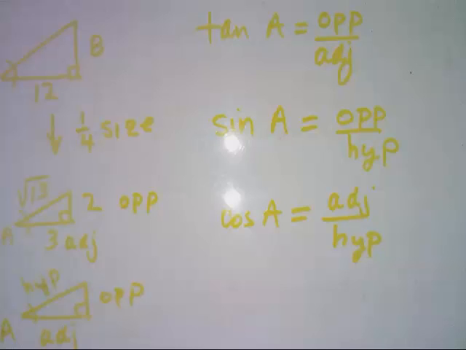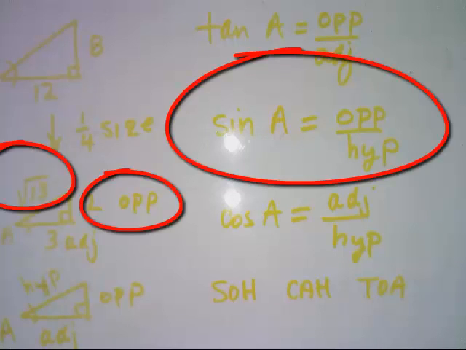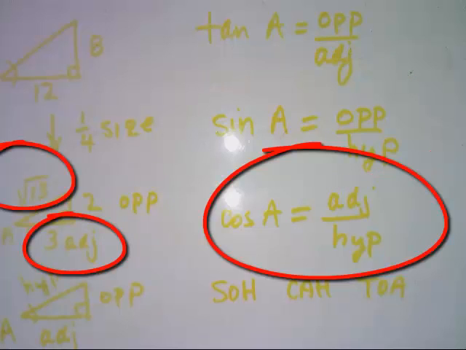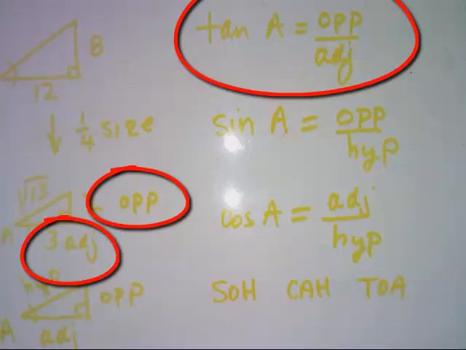These three trig ratios are very, very powerful in solving trig problems. We use SOHCAHTOA to help you remember the order. So for sine, it's the opposite over hypotenuse, cosine, adjacent over hypotenuse, and tangent, opposite over adjacent.